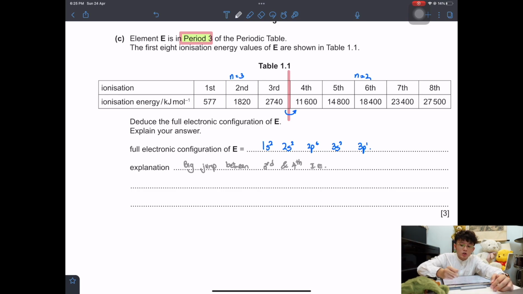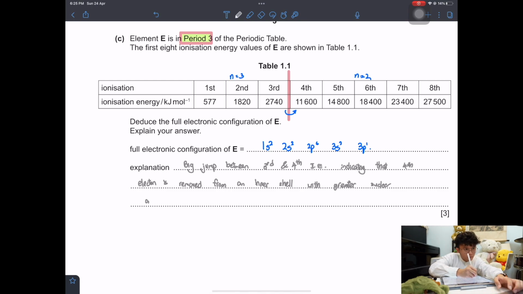It indicates that the fourth electron is removed from an inner shell, with a greater nuclear attraction, am I right? Okay, that's it, no problem.